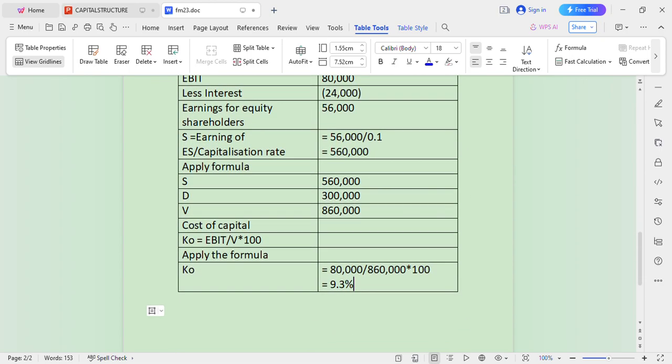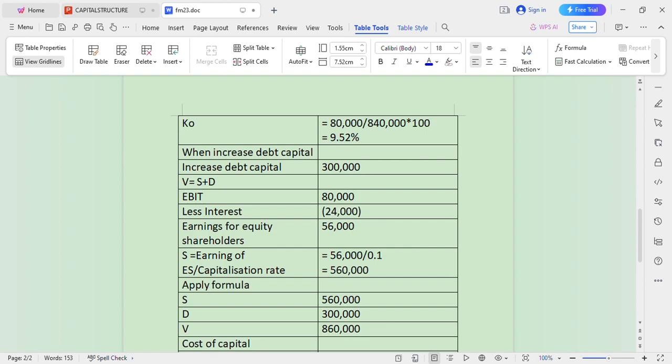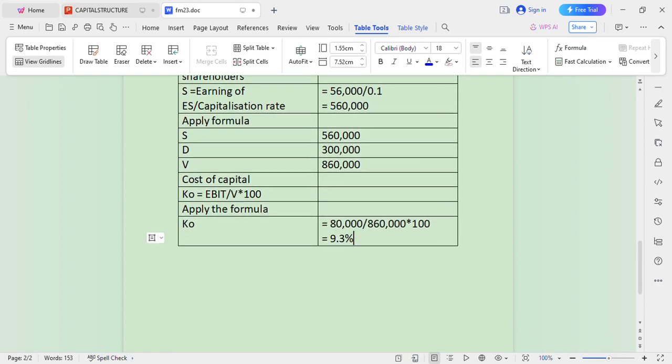Number two, the cost of capital, has it increased or decreased? The cost of capital was 9.52%. Now the cost of capital is 9.3%. Now, is the assumption right or wrong?